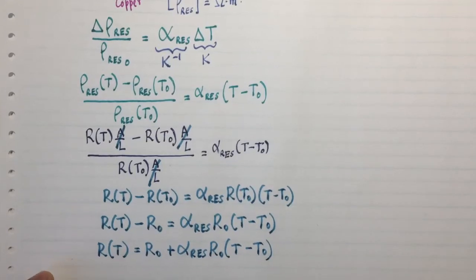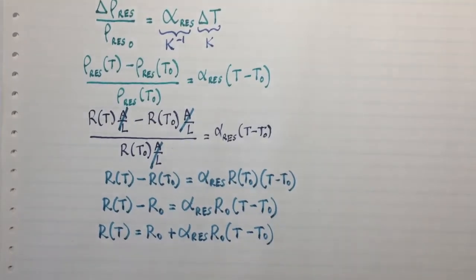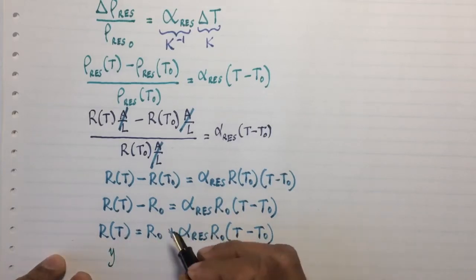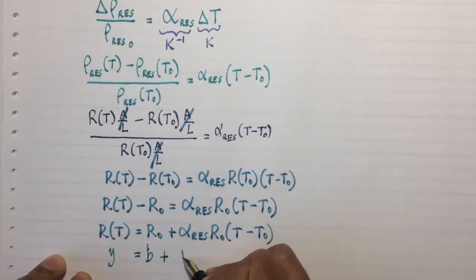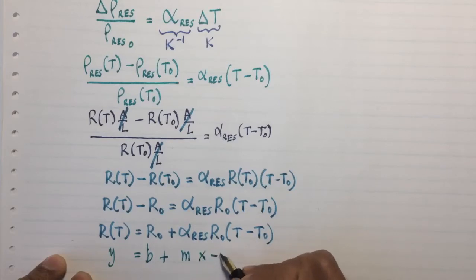So if you plot a graph of R versus T, as you will be doing in the lab, then what you will in fact be doing is plotting a graph that looks like this. Y equals B plus M times X minus X naught.